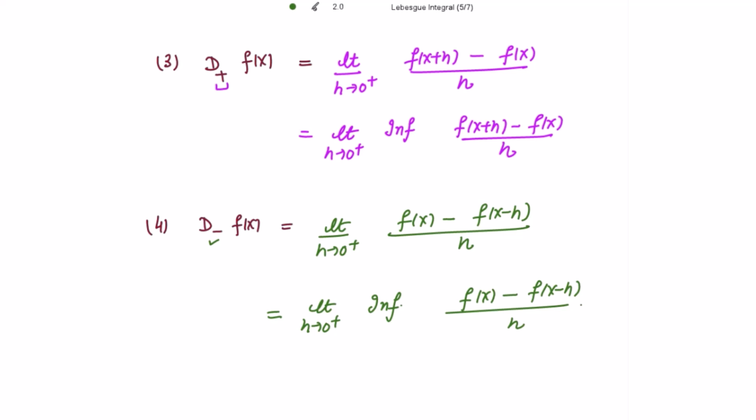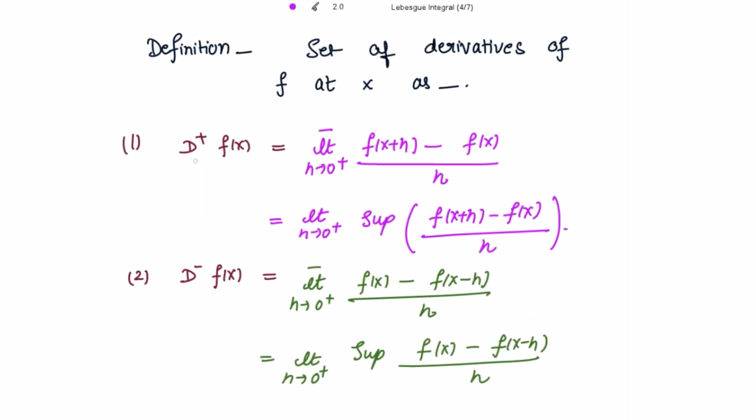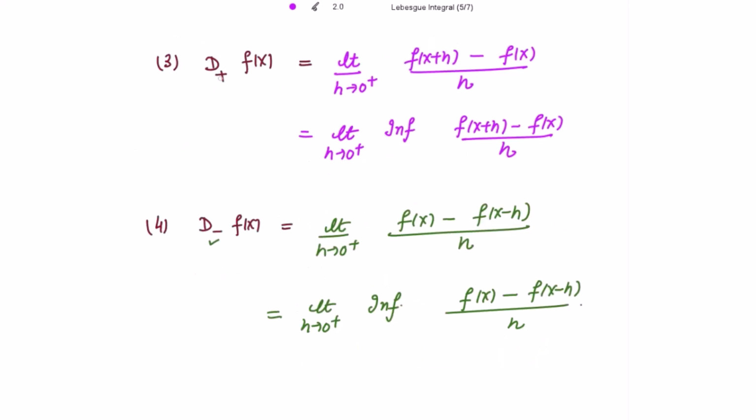So these are the 4 definitions for the derivative of f at x. Now if you notice clearly, D plus at the top, which is the limit on the supremum value, will always be greater than or equal to D plus at the bottom, which is the limit on the infimum value.